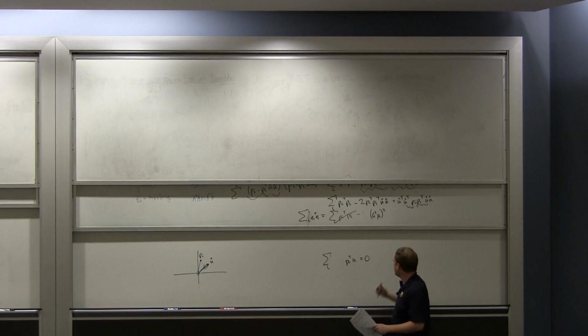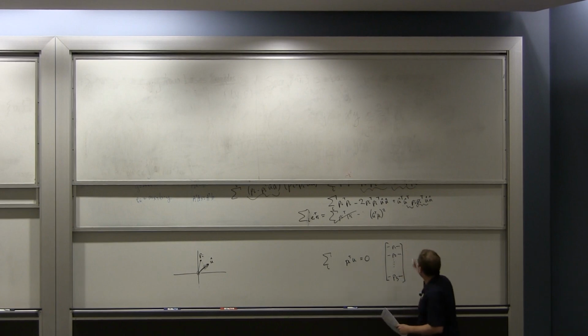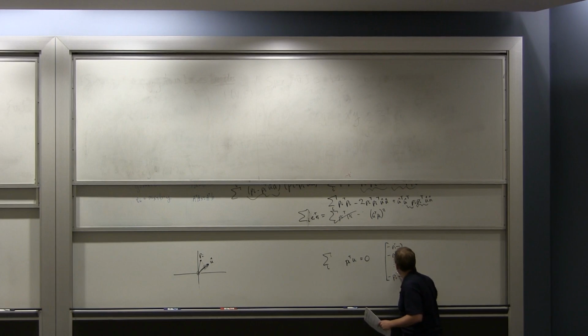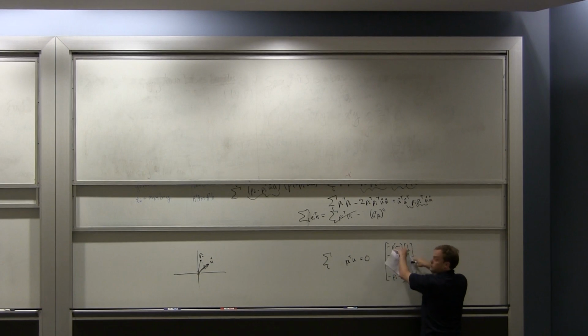So the way we can write this is we can take all of our points, P1 transpose, P2 transpose, Pn transpose. And we're saying that if I take my u vector here, this guy is going to be the first term, this guy is going to be the second term, and so on, that on average these should all be equal to 0.